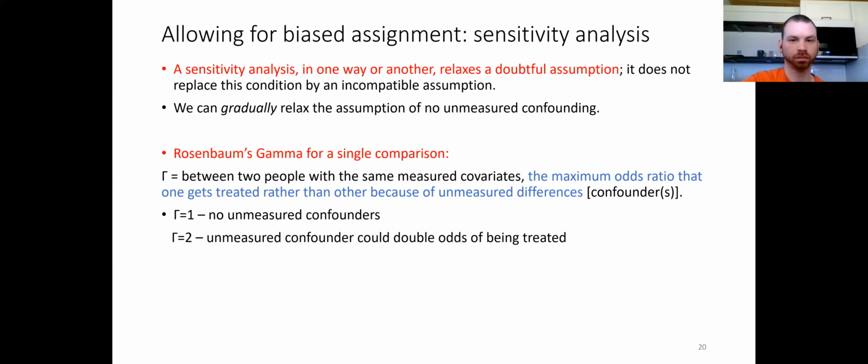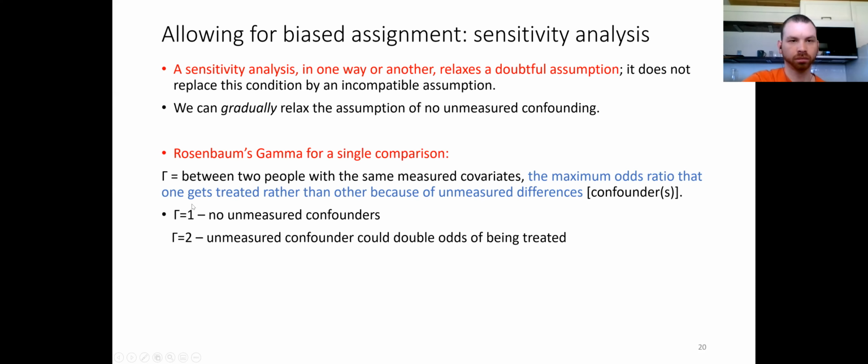Gamma is a parameterization of the maximum odds ratio that one gets between comparable people, the maximum odds ratio that one of them gets treated and the other one is not treated because of unmeasured confounders.